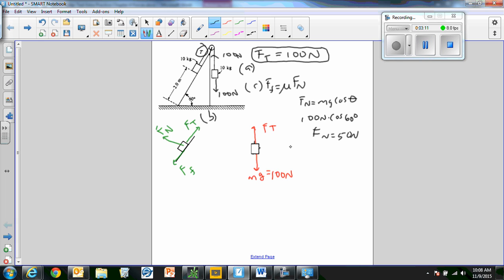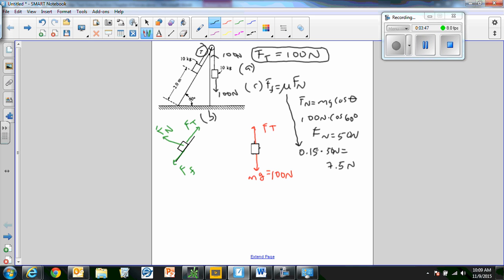Now I'm going to multiply that by the coefficient of friction. Using 0.15 times 50 newtons gives 7.5 newtons. I think that might be different than what's on your test, because it's not moving, so we have to use the static coefficient.